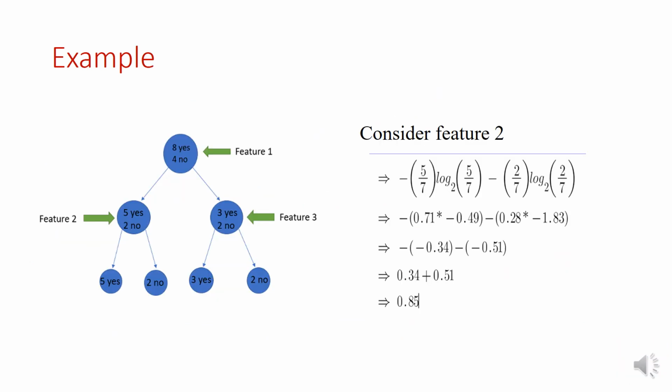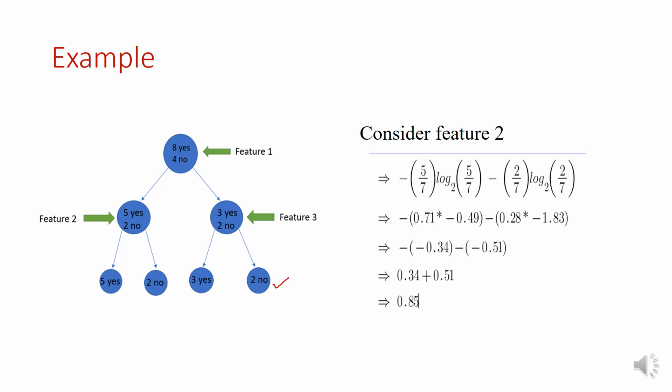Next, coming to this example, just to understand the entropy. We have 3 attributes, feature 1, feature 2 and feature 3. Feature 1 has 8 yes and 4 no's, feature 2 has 5 yes and 2 no's, and feature 3 has 3 yes and 2 no's. These are nothing but the leaf nodes.